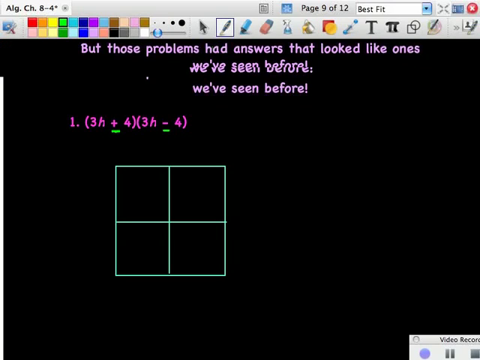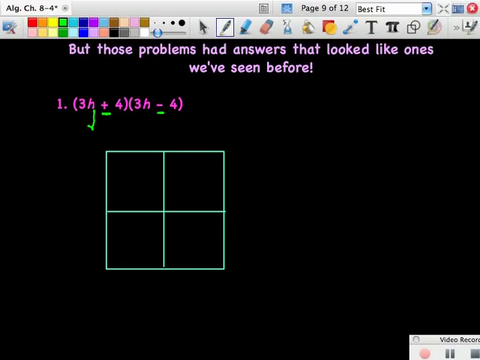And I'm going to take this one and write across the top 3h minus 4. All right, so remember, you're multiplying, finding area of this box essentially. Multiply coefficients, multiply variables, add exponents.